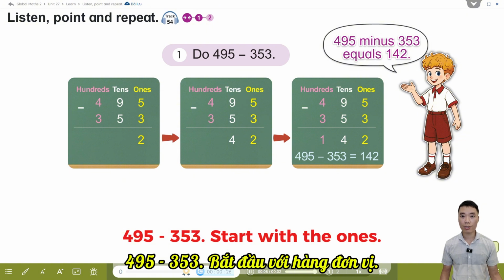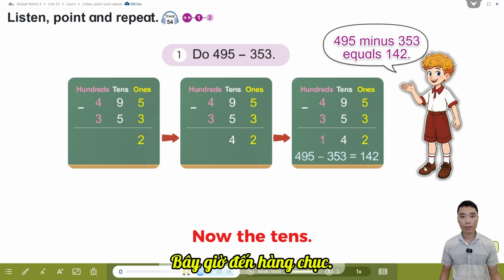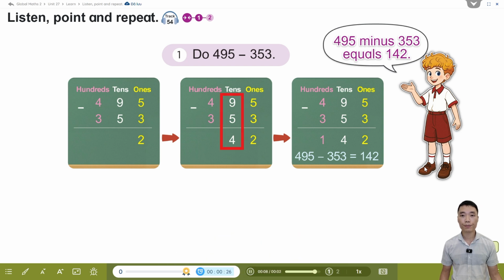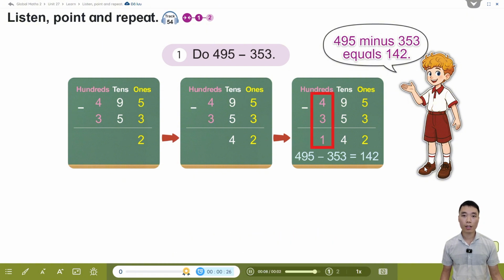Start with the ones. 5 minus 3 equals 2. Now the tens. 9 minus 5 equals 4. Now the hundreds. 4 minus 3 equals 1.